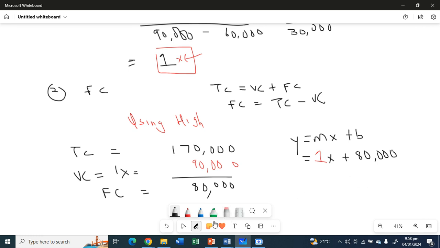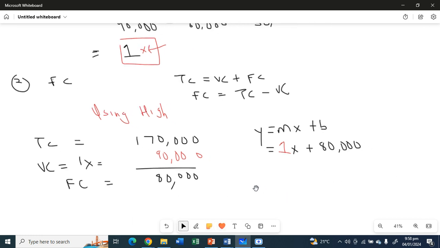Maybe let me also illustrate using the low. Here we used the high.